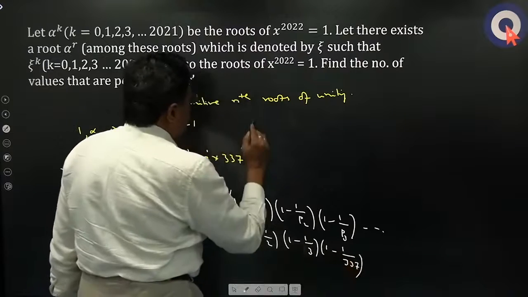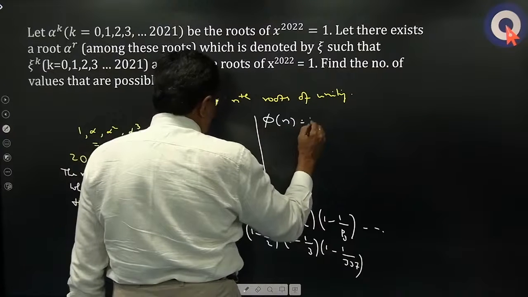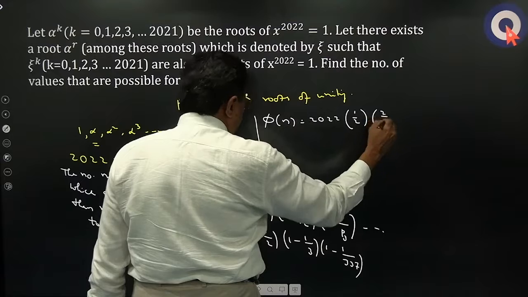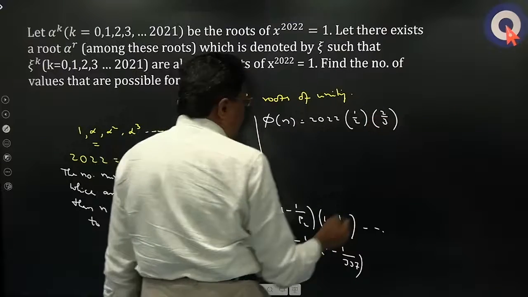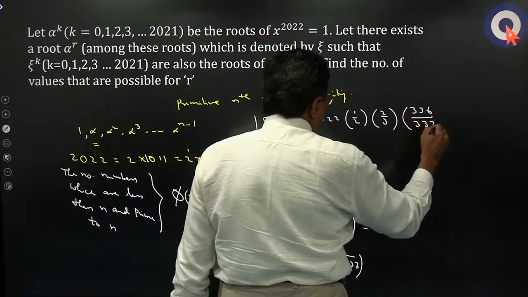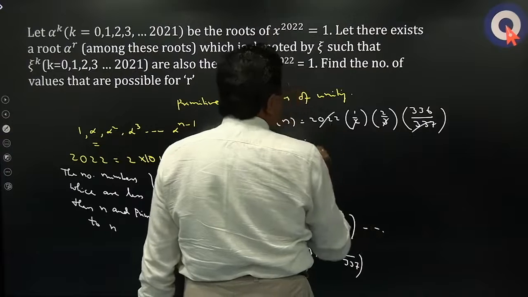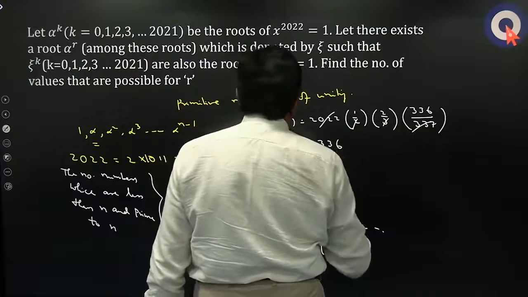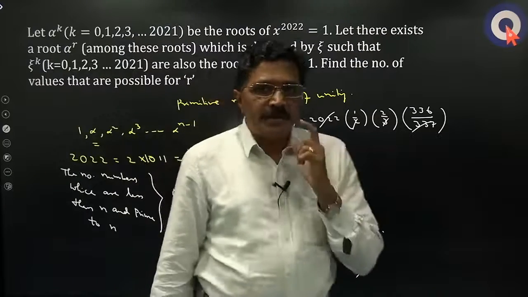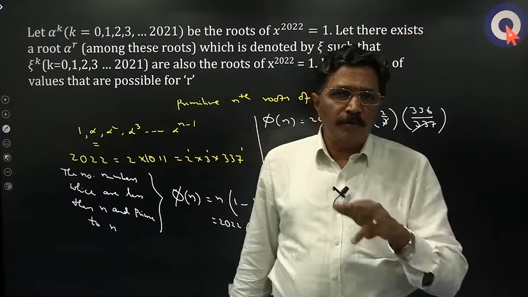So phi n is equal to 2022 into 1 by 2 into 2 by 3 into 336 by 337. All right. So this is comfortable here for cancellation. What we are getting is 336. So there are 336 numbers which are less than 2022 and are also prime to 2022.